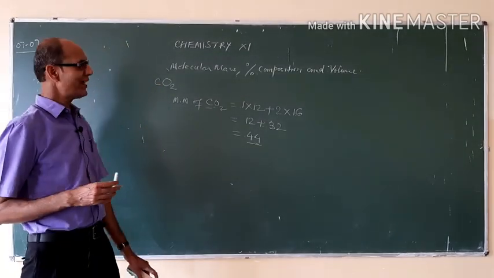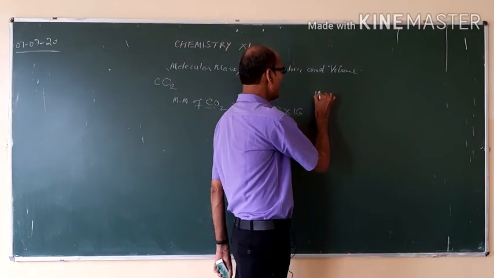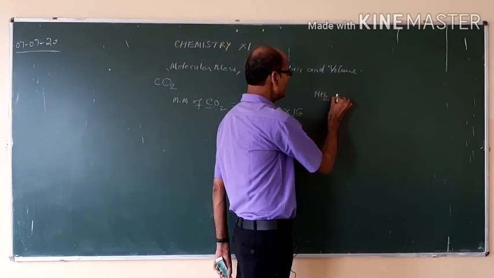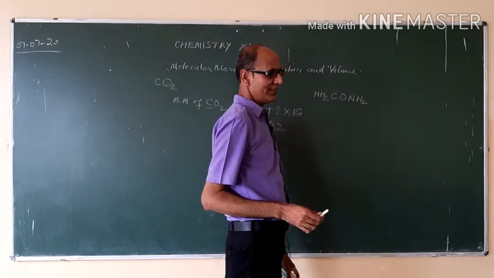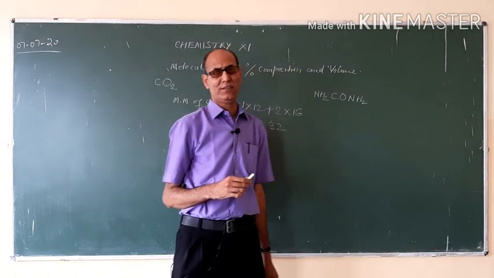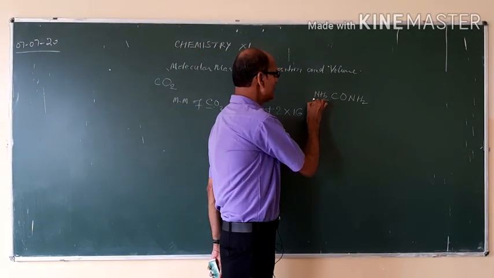Now see another example. If you want to calculate the molecular mass of NH2, CO, NH2, this is the formula of urea. There are 2 N atoms.